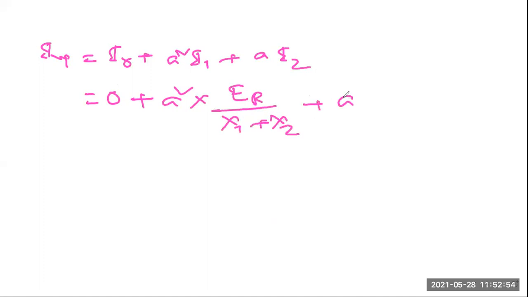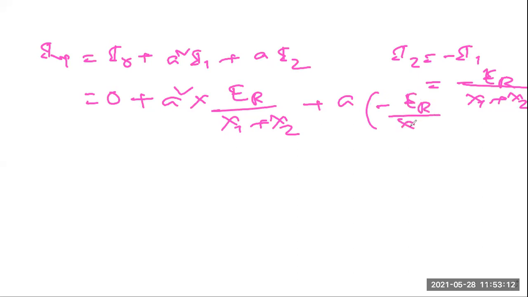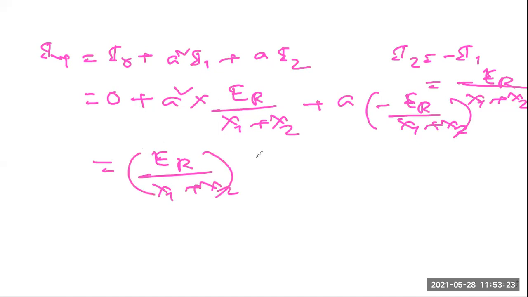And what is I2? I2 equal to minus I1, so this will be minus ER by X1 plus X2. So this is 0, and we'll take common ER by X1 plus X2, and this will be your A square minus A.